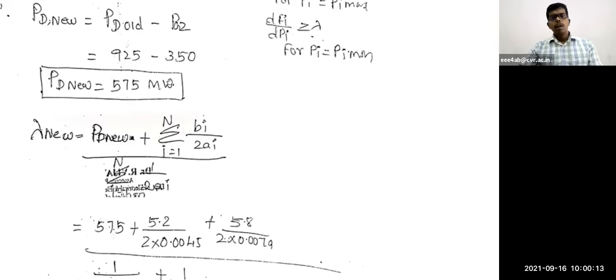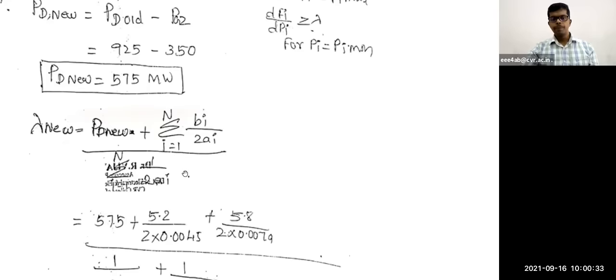So neglecting PG2, which we fixed, don't take B2 divided by 2A2 or 1 divided by 2A2 in the denominator. Only take the units that are not fixed.